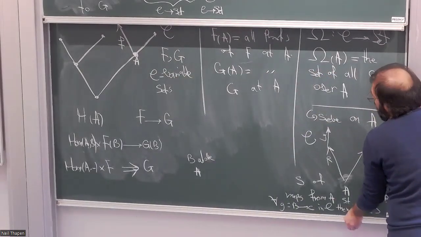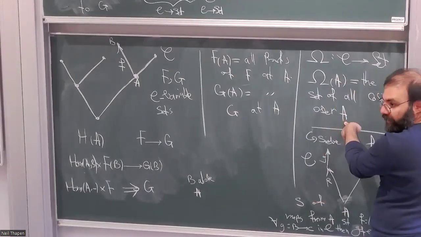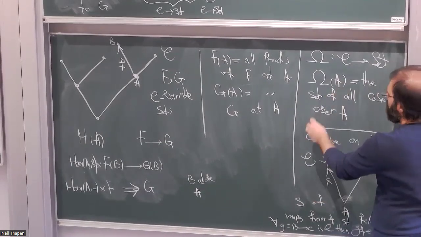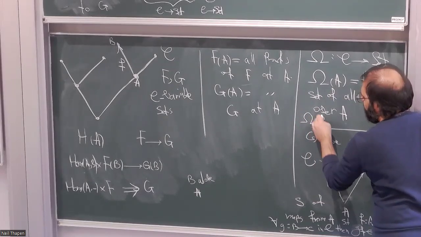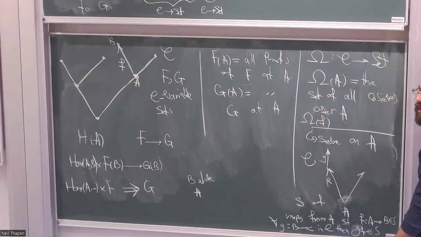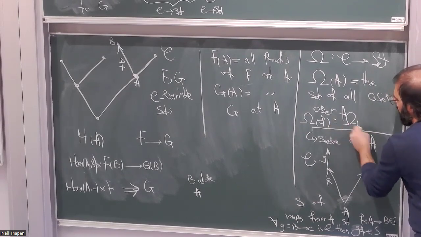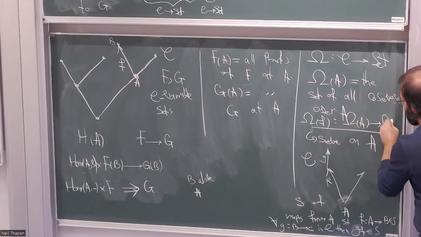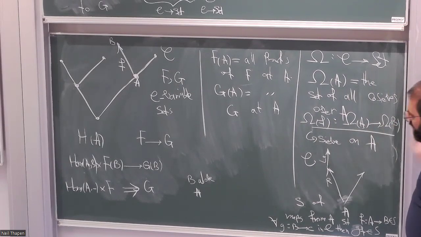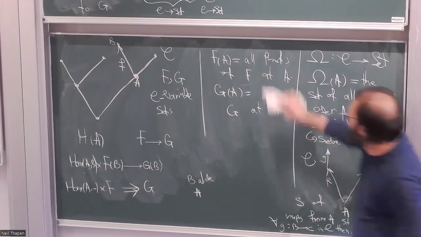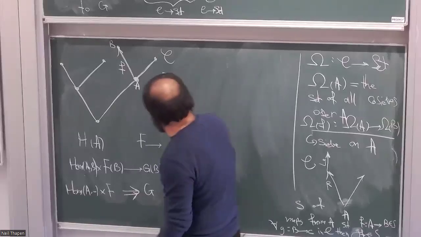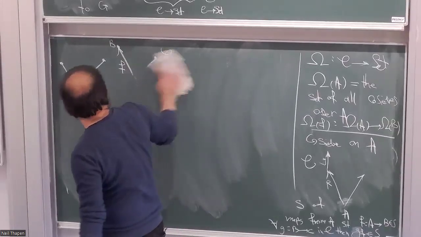first on objects, all the co-sieves over A, and what should be omega of some F, say F from A to B? So it is omega A to omega B, and I have to define it, so let me define it then. It's a function.